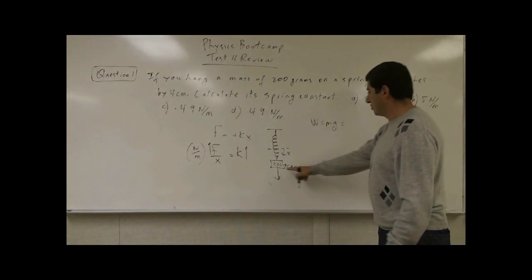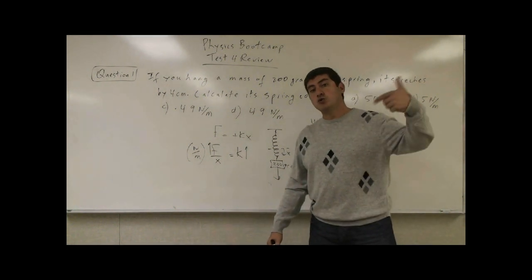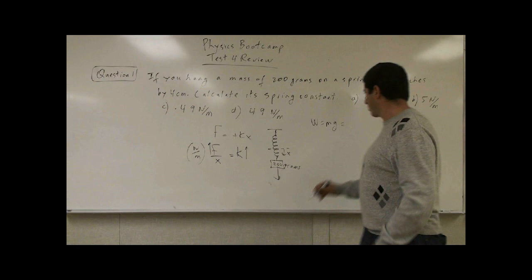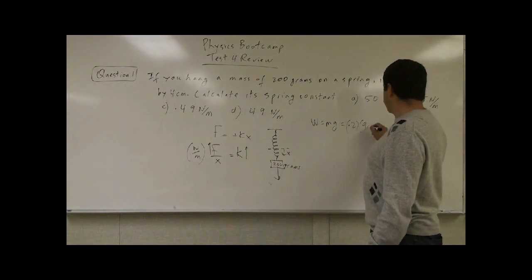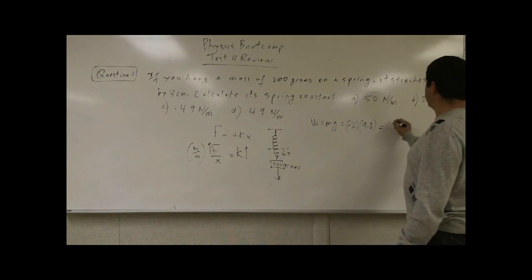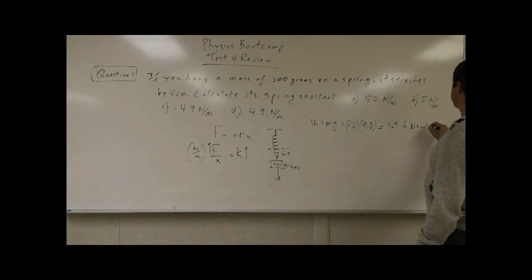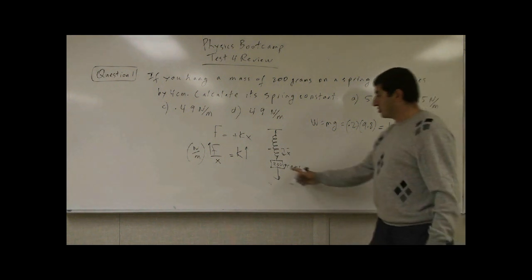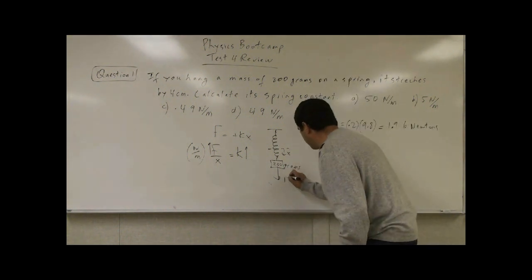The mass is 200 grams, and we have to convert it to kilograms, which is 0.2 kilogram, multiplied by 9.8. Well, 2 times 9.8 is 19.6, but since you have 0.2 times 9.8, you have 1.96 newtons. So the corresponding weight of a 200 gram mass is 1.96 newtons.